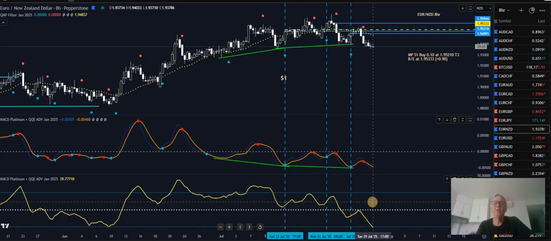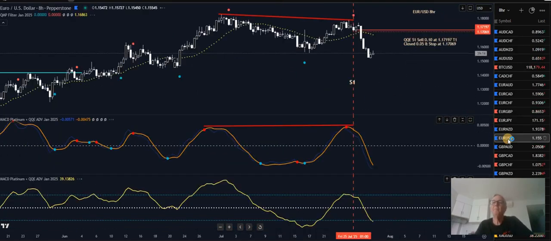And as I am typing now, it's dropped below the 40 level. So there's a potential for another buy signal coming up. So I would take a fourth buy signal for S1, and I could consider commencing a sequence 2, S2, based on the QQE. That's Euro New Zealand.